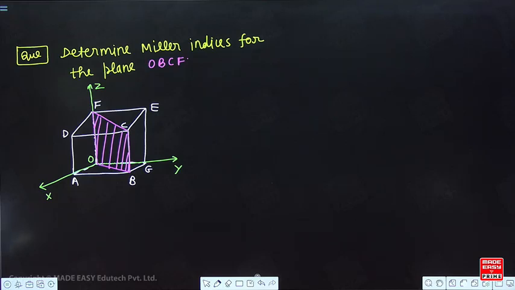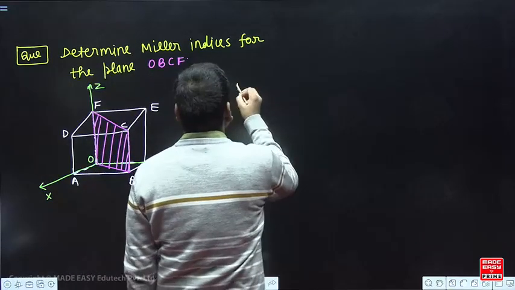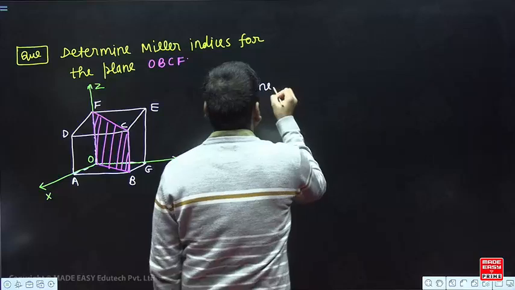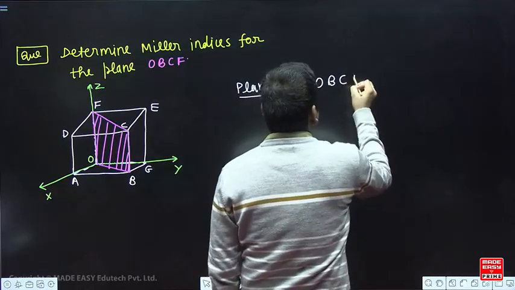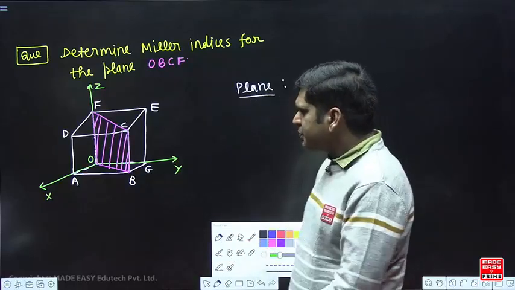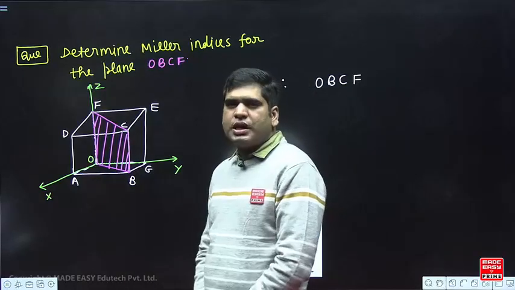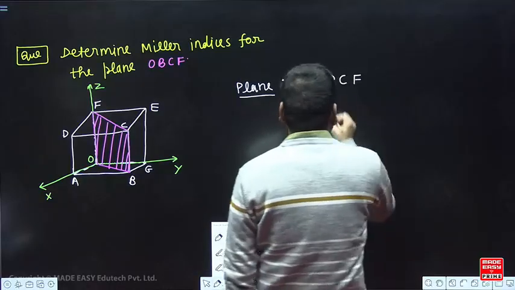Done? Here there is a problem. Your plane is OBCF. According to the Miller indices method, origin should not lie on the plane, but here origin is lying on the plane.